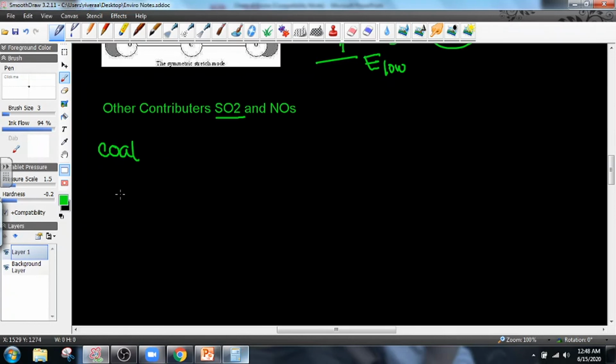And when we burn these sulfur-based compounds, sulfur dioxide, in oxygen, we get sulfur trioxide. So in coal burning. Sulfur trioxide, besides being just a gross, black, smelly smoke that you don't want in your community.